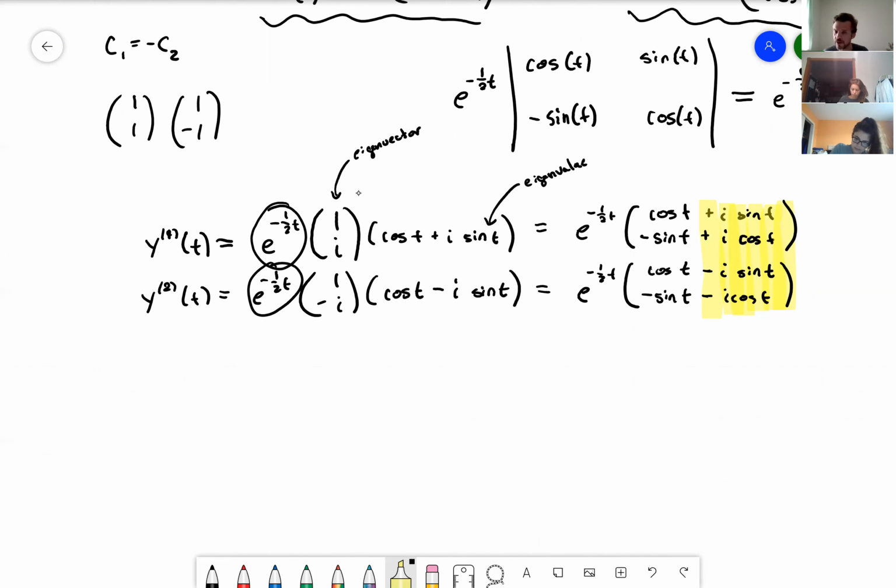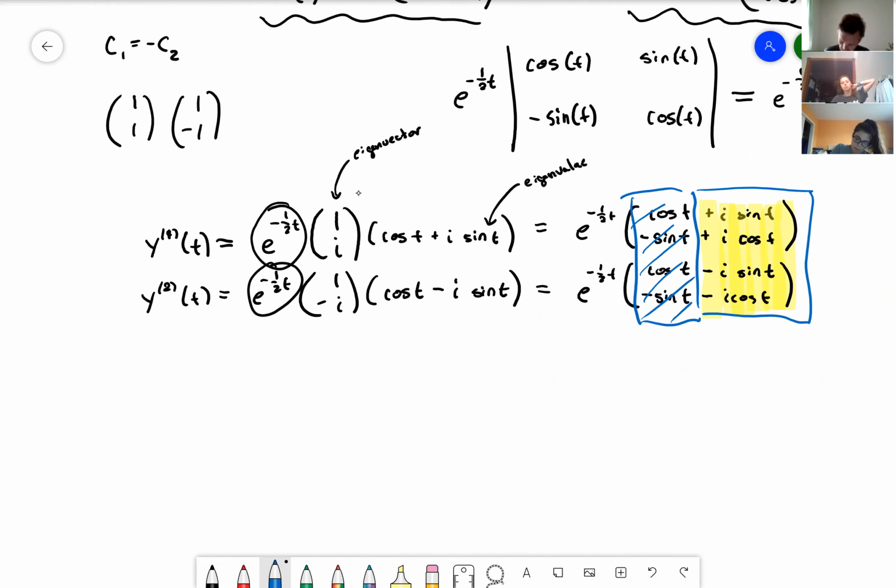The imaginary part completely cancels out. If we subtract one from the other, then the real parts are the same, and so they cancel out. And we're left with just the complex parts.